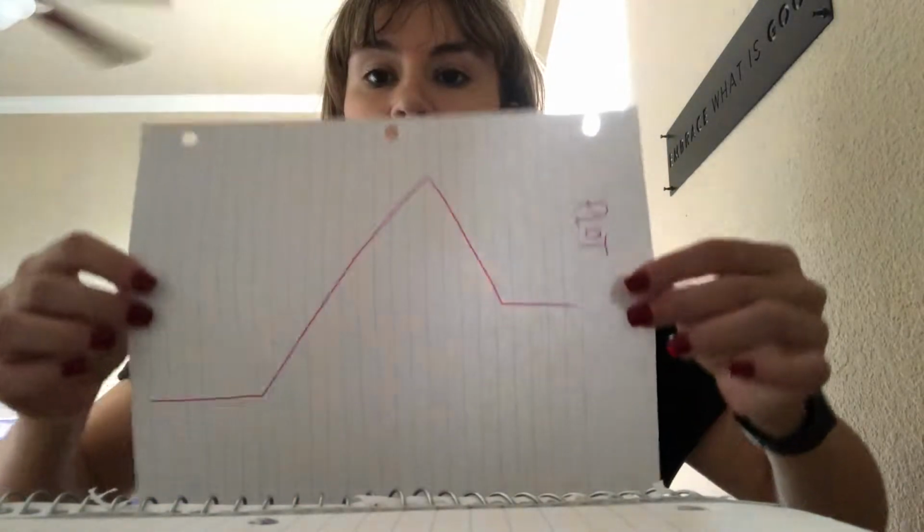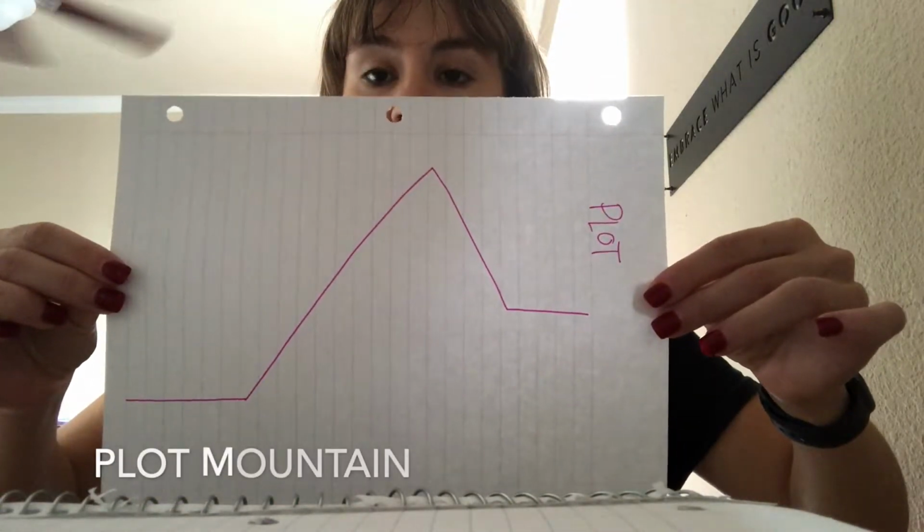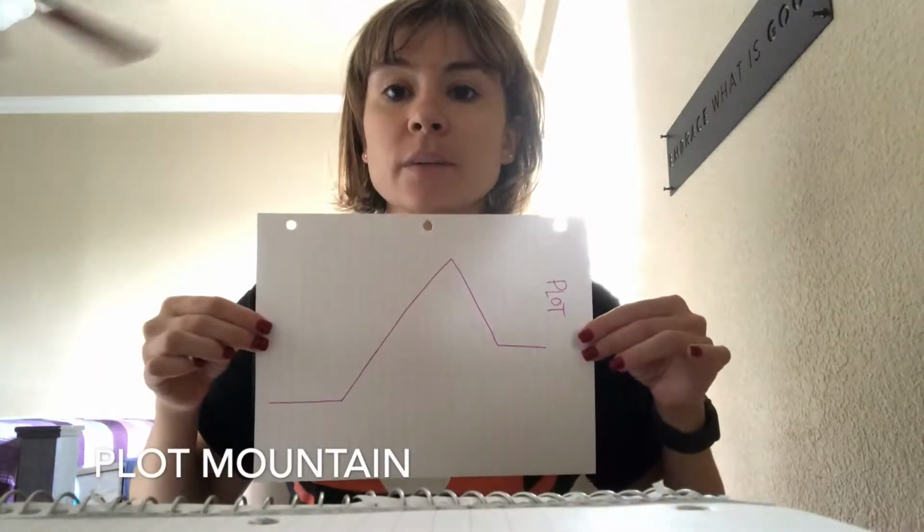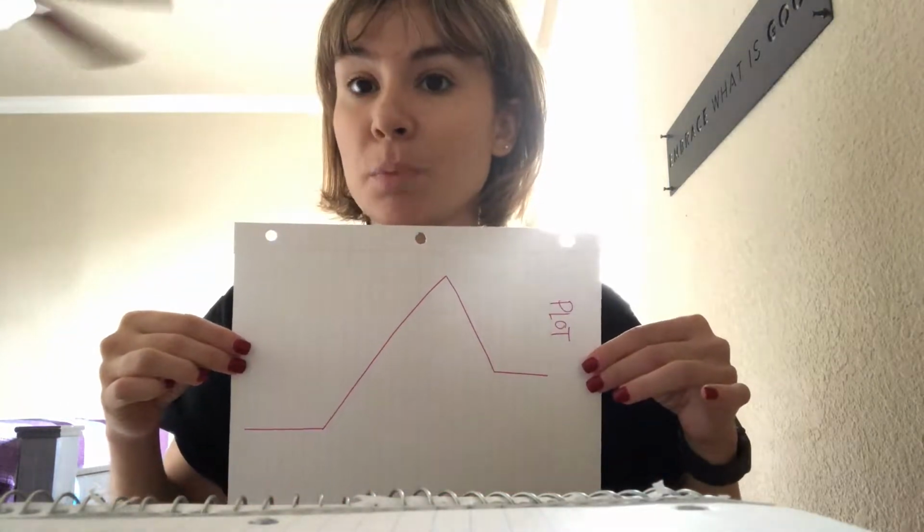All right, so once again, plot is the storyline of a story, and actually we're not gonna really think about it as a line, but rather as a mountain. Okay, so here is our plot mountain, and it relates to each part of the story.